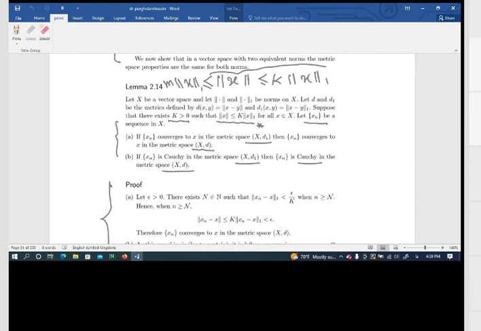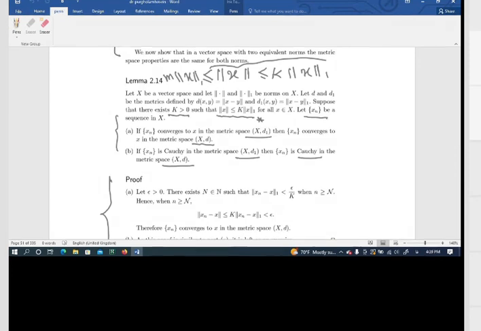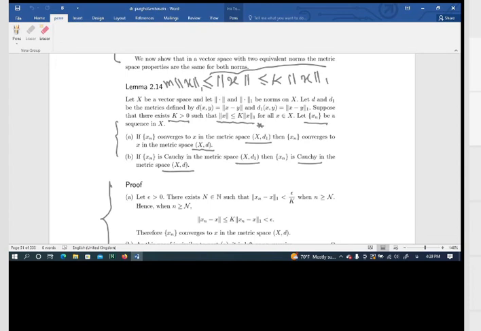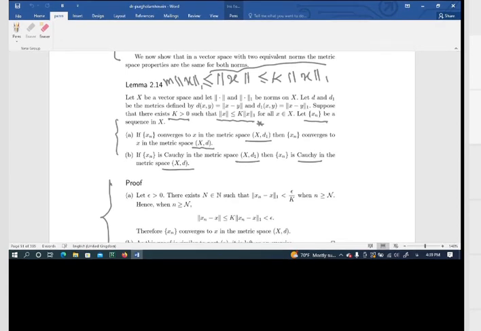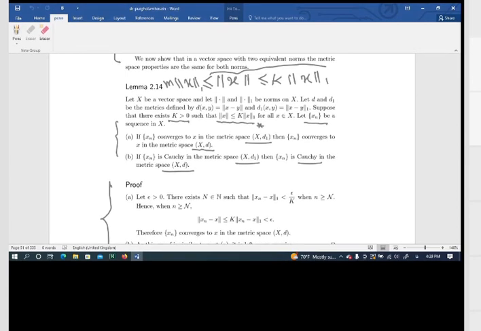So if the norm of x is less than or equal to k norm 1 of x, we conclude that every sequence that converges to x with respect to d1 must converge to x in metric d.